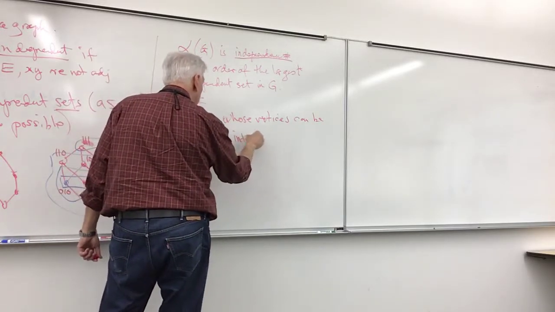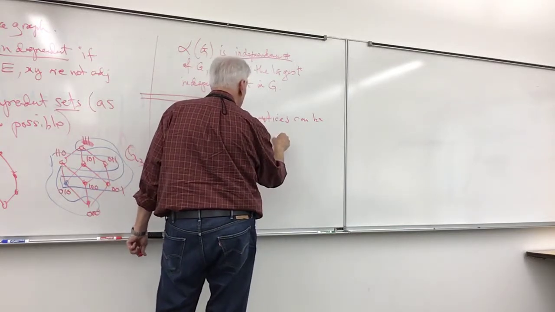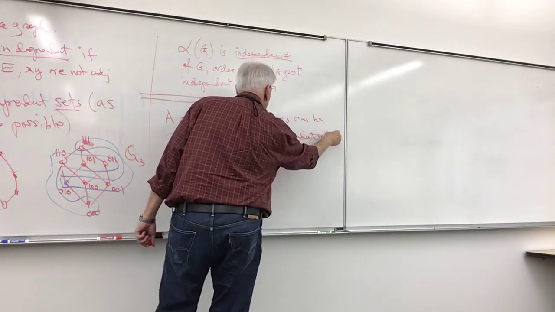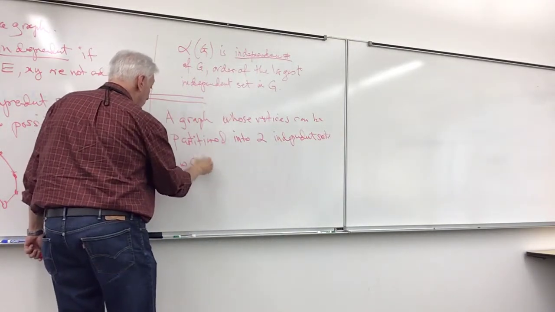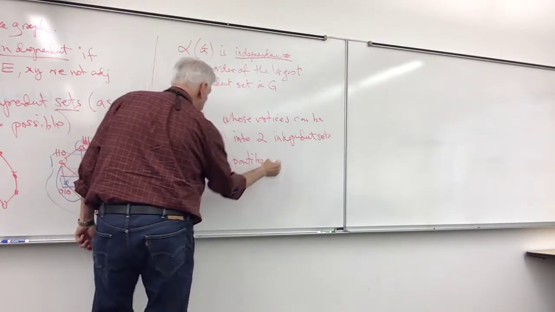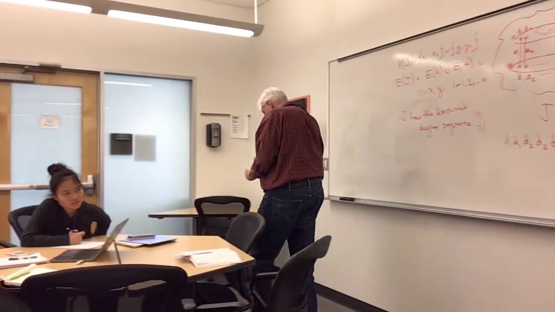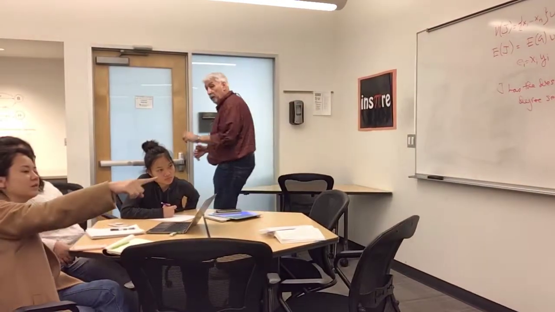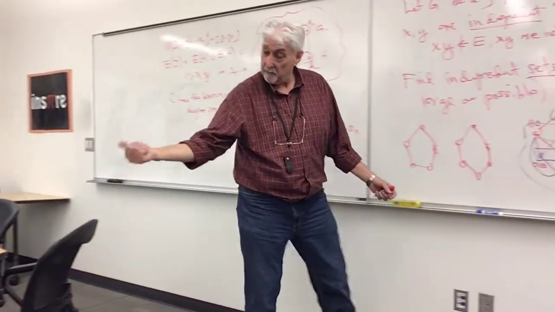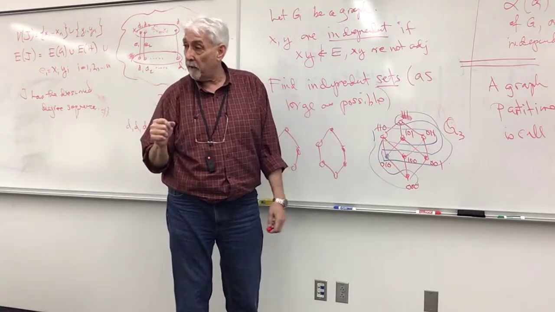A graph whose vertices can be partitioned into two independent sets is called bipartite. These pictures, the bipartite is like this. So Q3 is a bipartite graph.